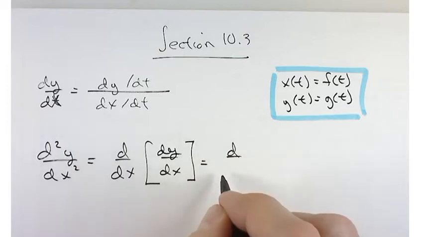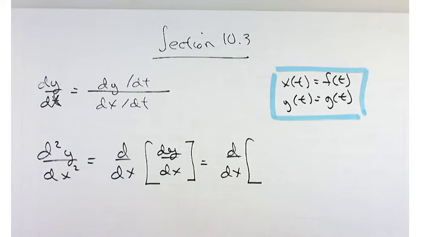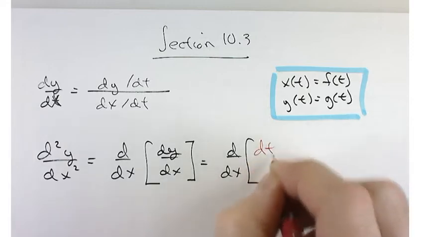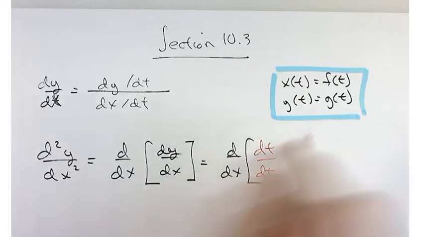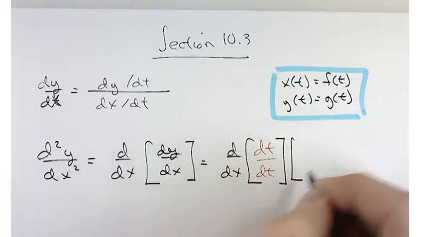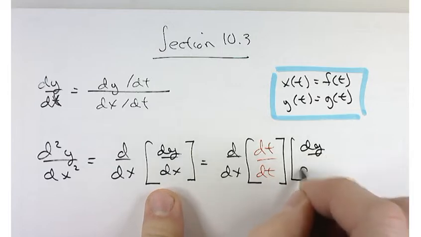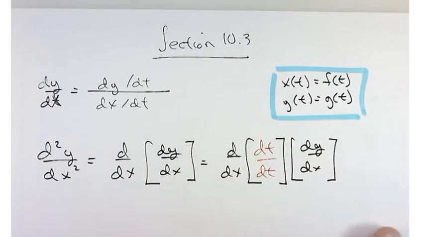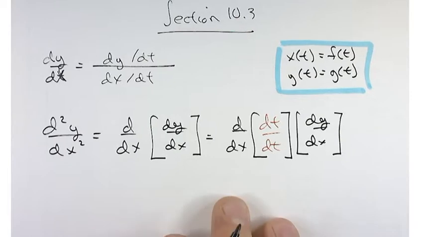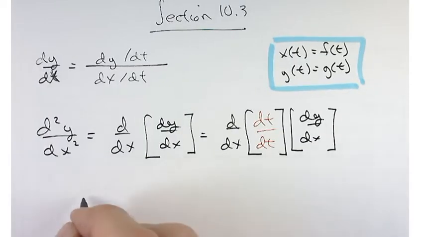And here we're going to play a little bit of trickery. So I'm going to introduce a dt by dt term, and I still have my dy by dx term. And now I'm going to shuffle things around a little bit.